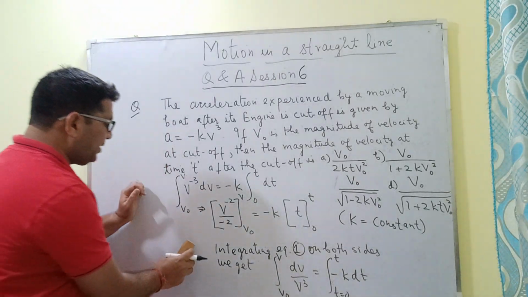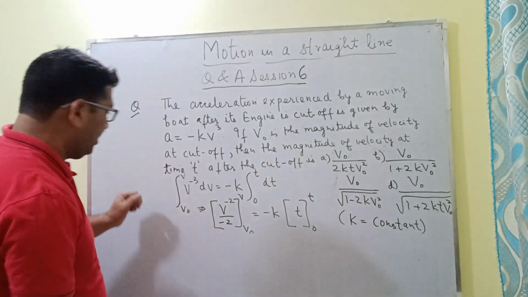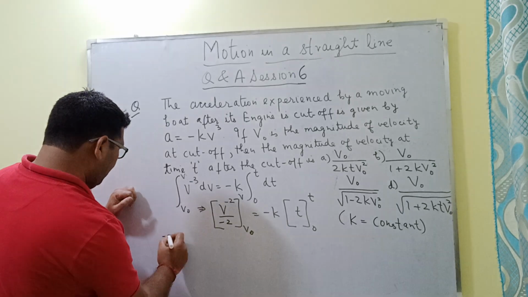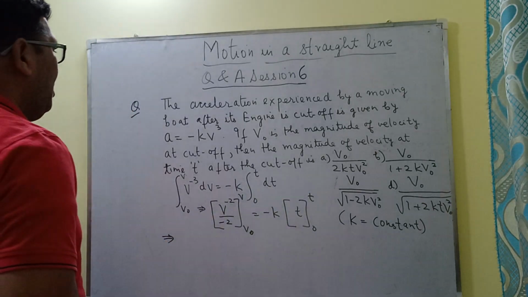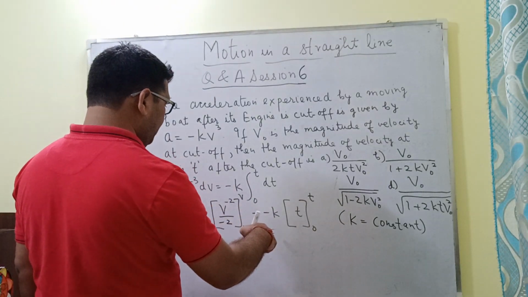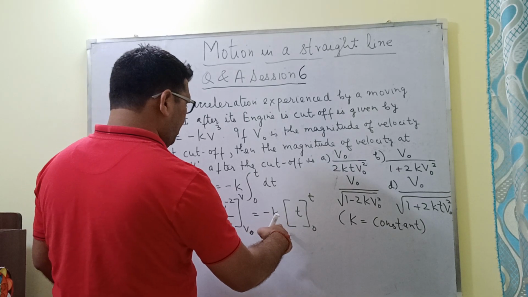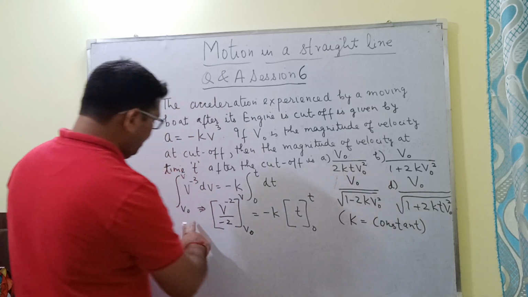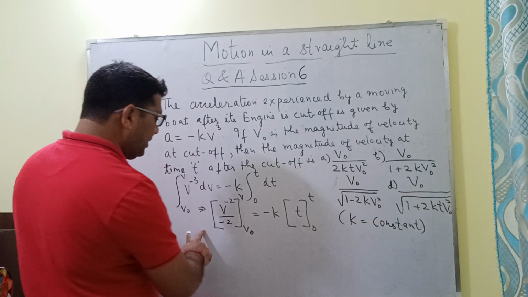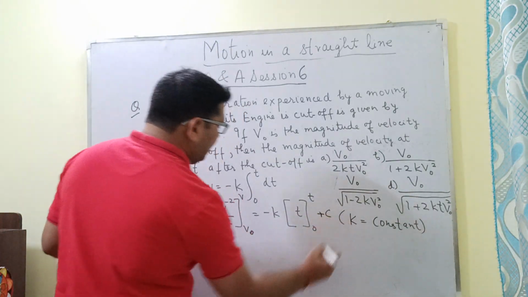So this is what I am getting right now after integrating both sides of this equation. When we are integrating it, we will also be getting one constant of integration, which is called c.